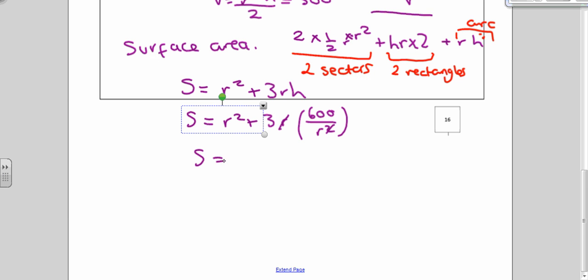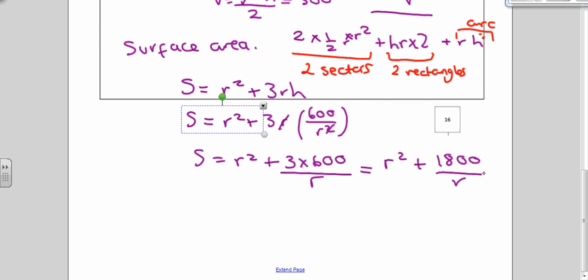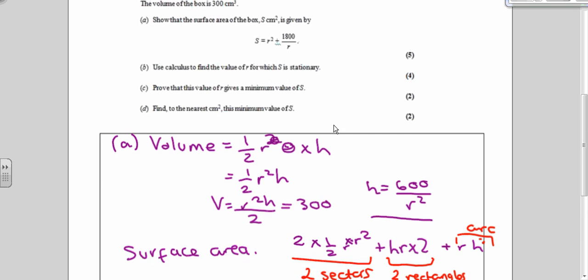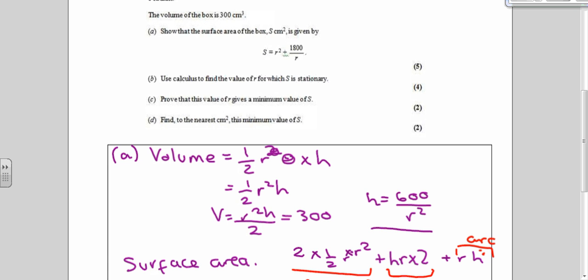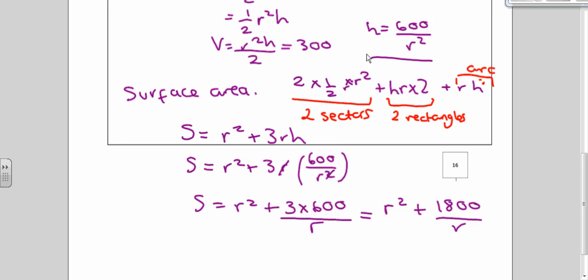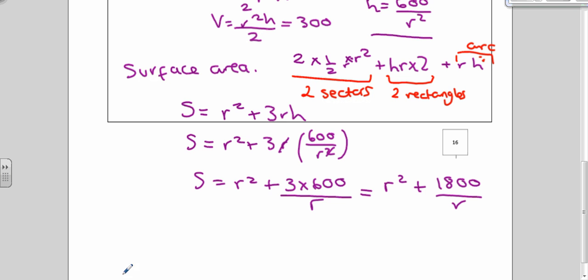So S is equal to r squared plus 3 times 600 over r, which is of course equal to r squared plus 1800 over r. And if we have a look back to what we were trying to find, we have got it. So we have found this. So moving on to part B.